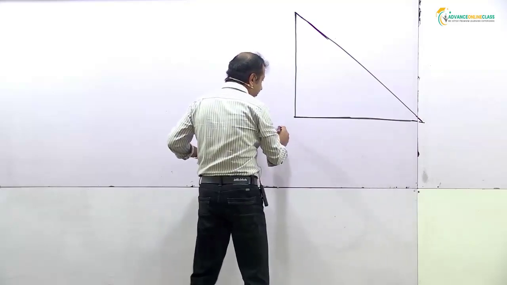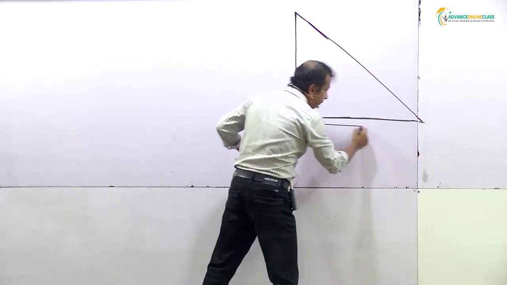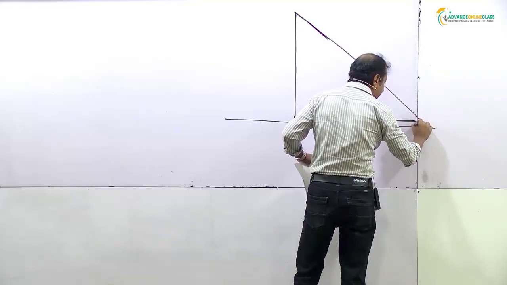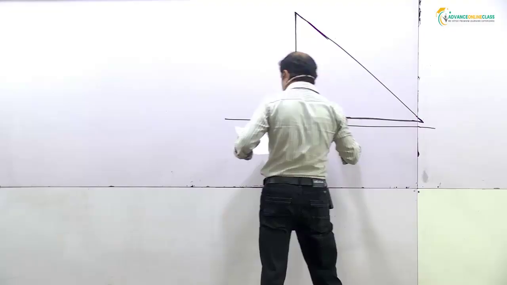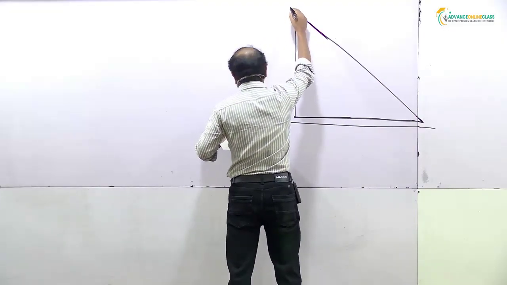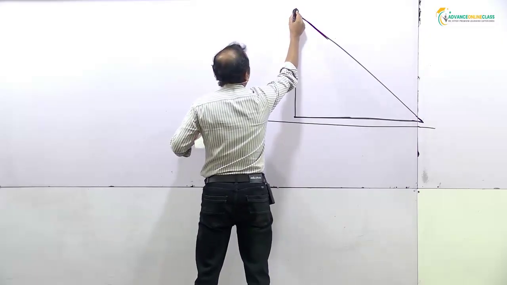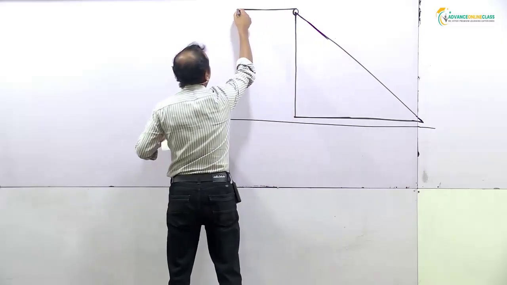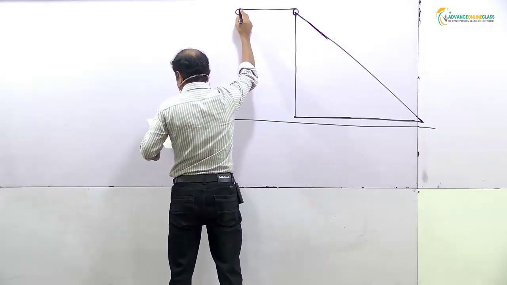Okay. We have the plane. Here we have a pulley. Here we have another pulley.